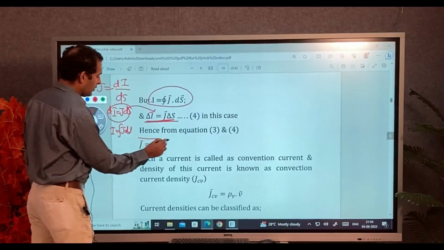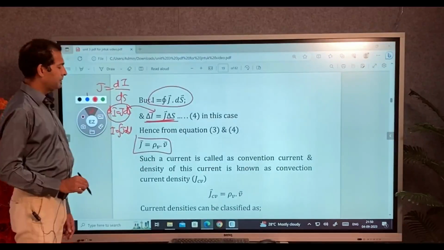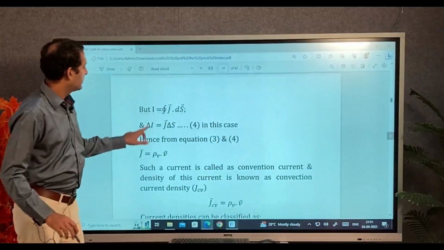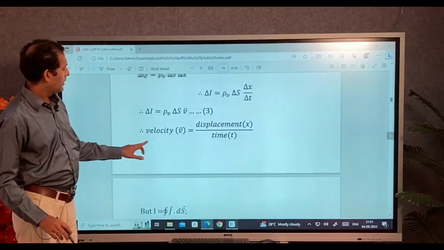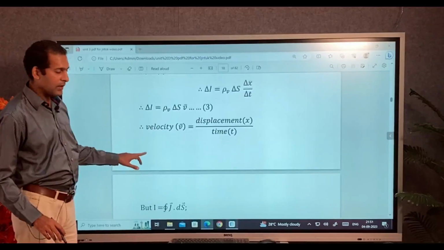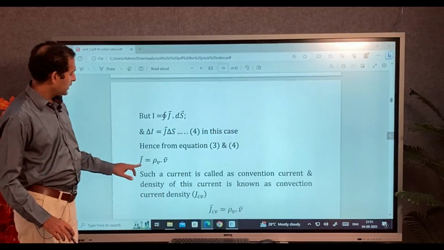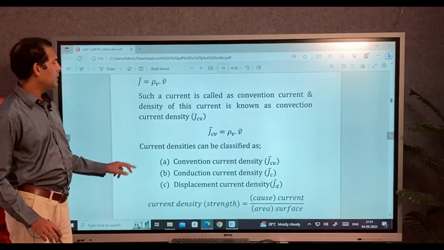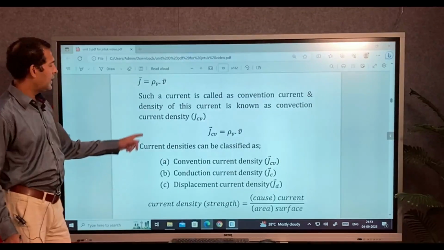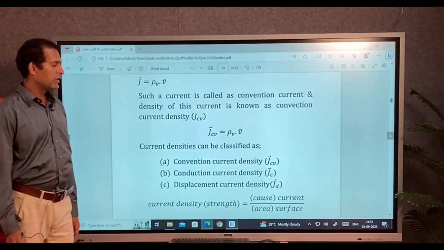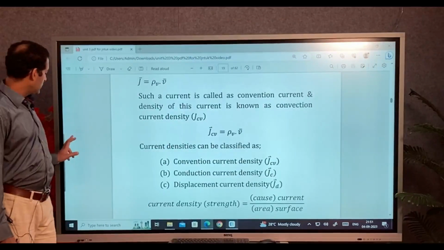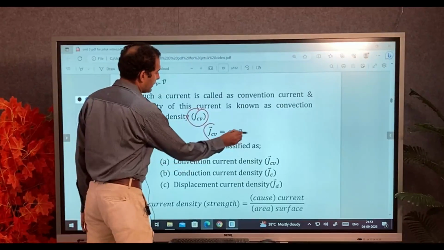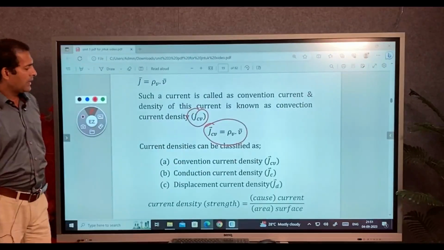So from these two equations we can say current density J is equal to rho v into v. So this current is called conventional current, and its density is known as the conventional current density, J_CV. It is given by volume charge density and its velocity.